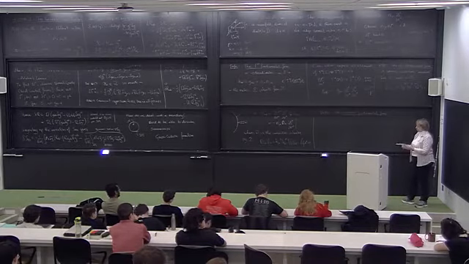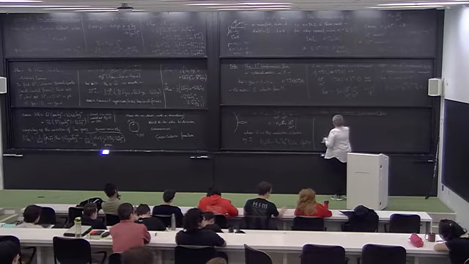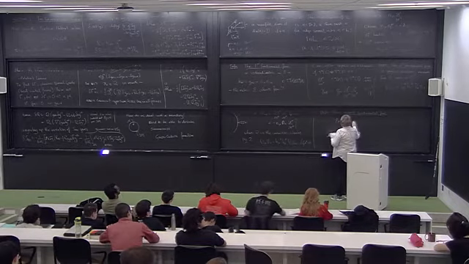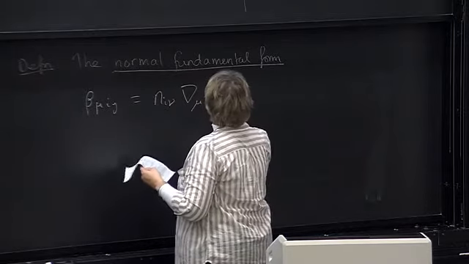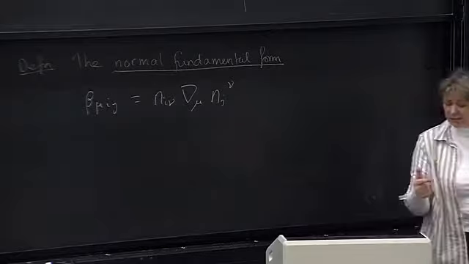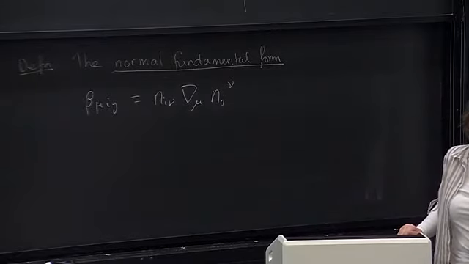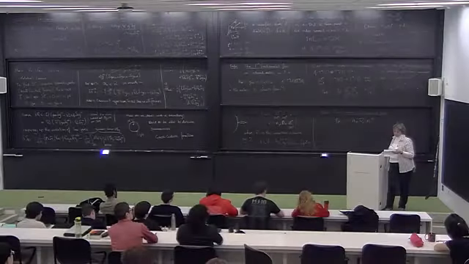And this is what the normal fundamental form is telling you about. We don't usually use it in GR, but it's telling you about how twisted your submanifold is. So if you had a helix, for example, you'd see a normal fundamental form coming in.